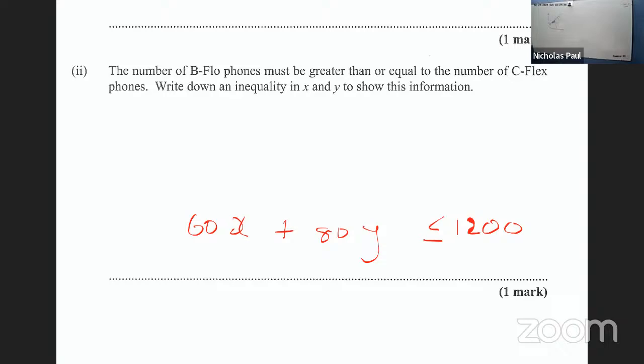Okay, Jeremy? Ready? Very good. The number of B flow phones must be greater than the number of C-flex phones. X is more than or equal to 1. Very good. Are you okay with that? Two inequalities, write them down.